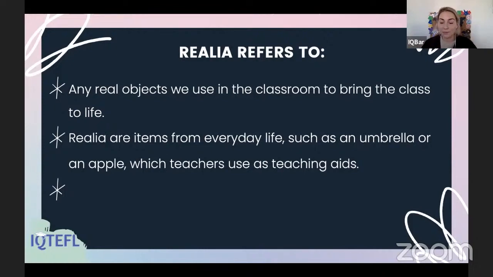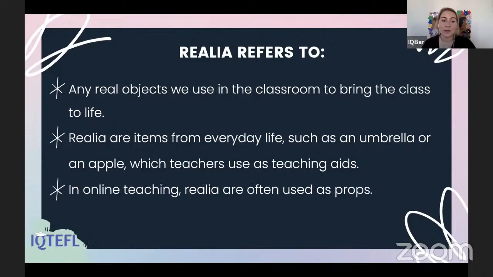And I do this very often, especially when I'm certain my student won't know a certain level of vocabulary. It's a great way and an easy way to get them to understand what you are teaching them. And then, of course, in online teaching, realia are often used as props. So that's just bringing them into the lesson, when appropriate and when they make sense to be used. And then, of course, this helps our students understand what is going on in our lesson and what words we are teaching them.